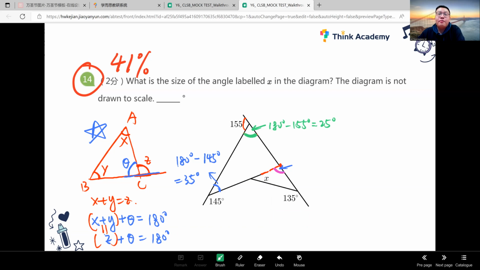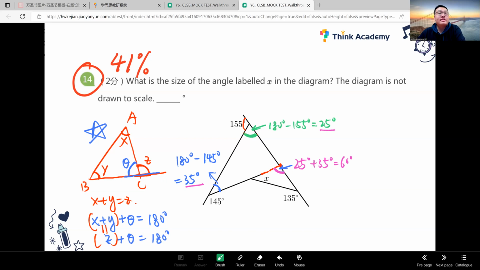So that equals 35 plus 25, because this angle is just the exterior angle of this triangle over here, right? And we know that the other two interior angles, one is 25, another is 35. So this one will be 25 plus 35, which is 60 degrees.